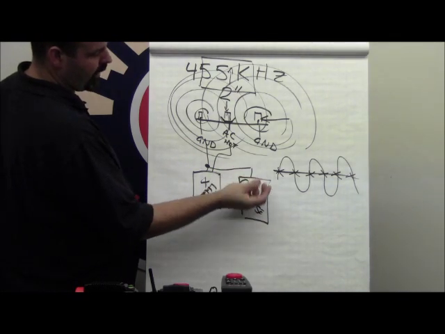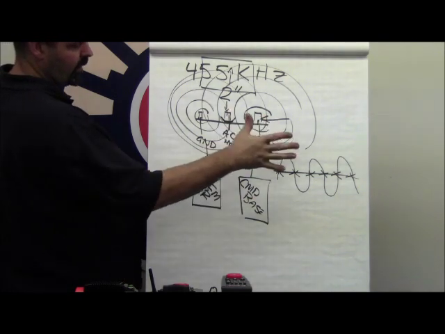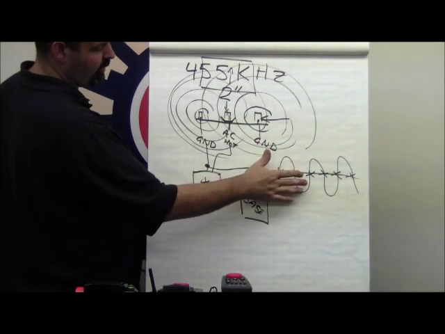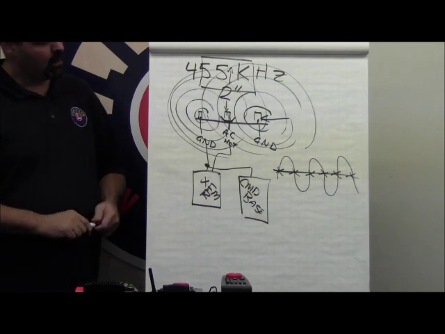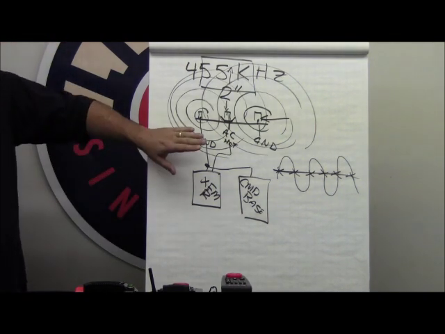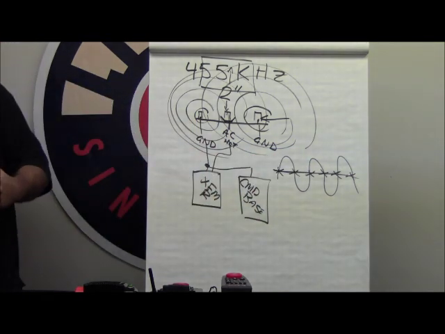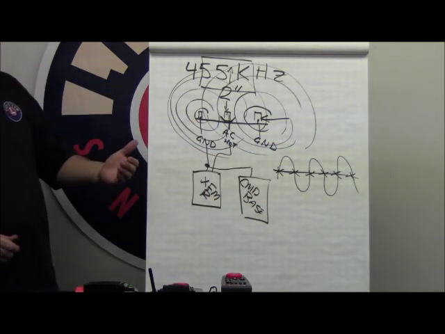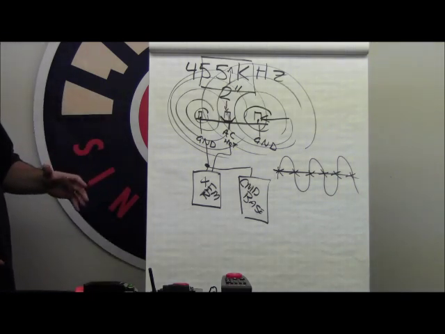Our base is broadcasting this signal that aligns itself with the antenna and therefore the receiver inside the locomotive to pick up that signal. What happens when you don't have 60 pulses of signal per second is you end up having too much signal as opposed to not enough.